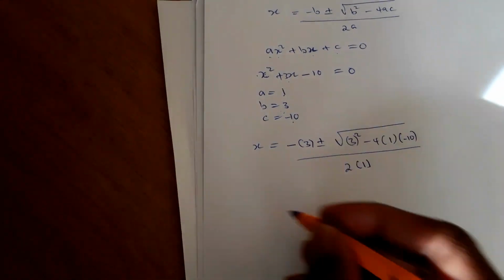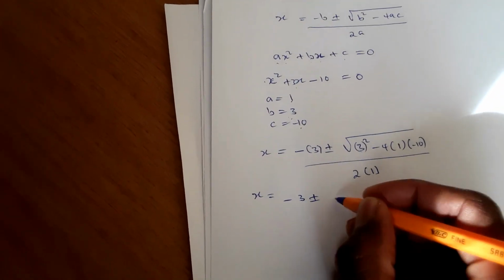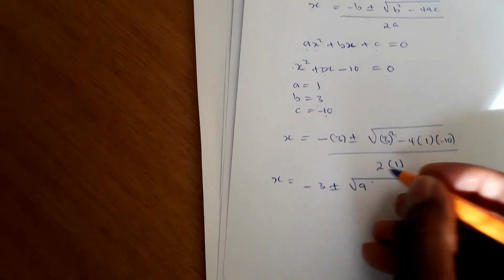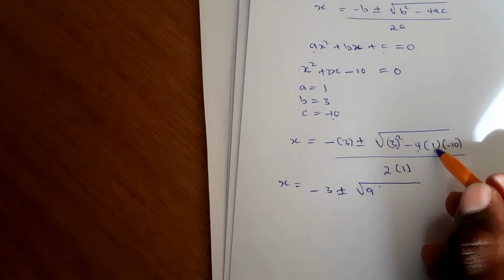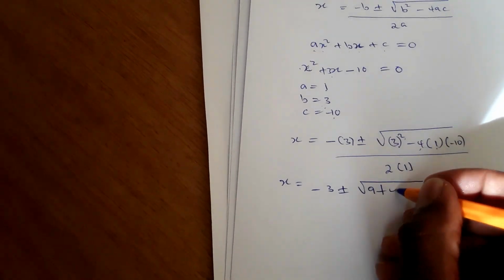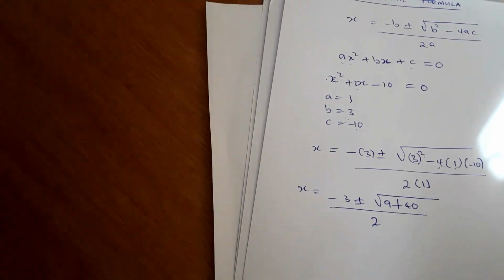So now x equals minus 3 plus or minus square root of 3 squared is 9, minus 4 times 1 times minus 10, minus 4 times minus 10 we get plus 40, all over 2 times 1 we get 2.